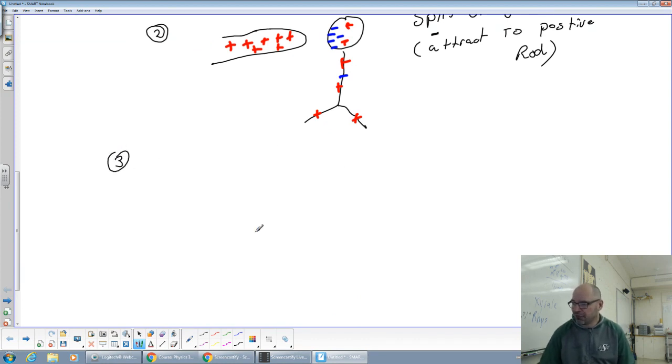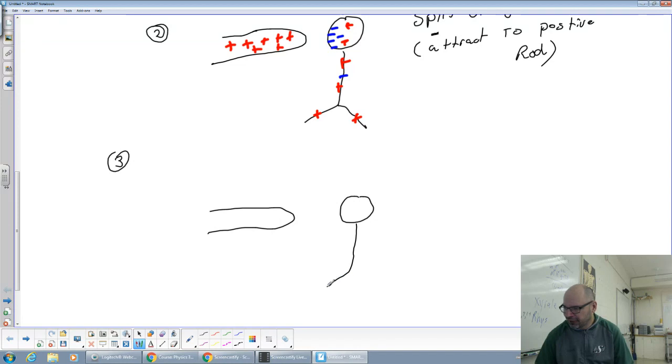Okay, so then the third one, we're going to touch it with our finger. So we still have the charging rod here. We still have the split charge occurring here. These are spread apart because there is some force of repulsion there with the two positives.